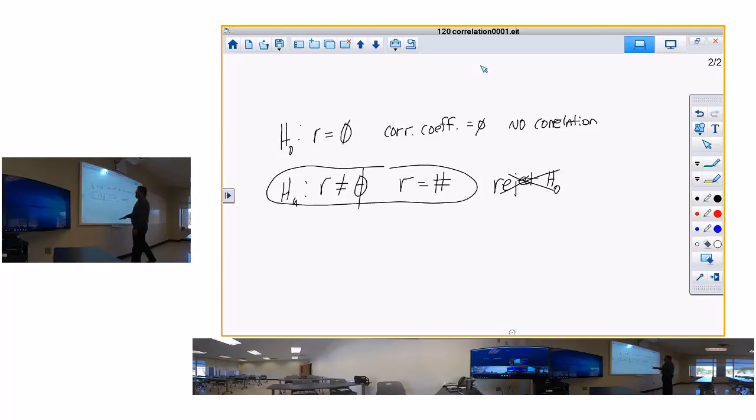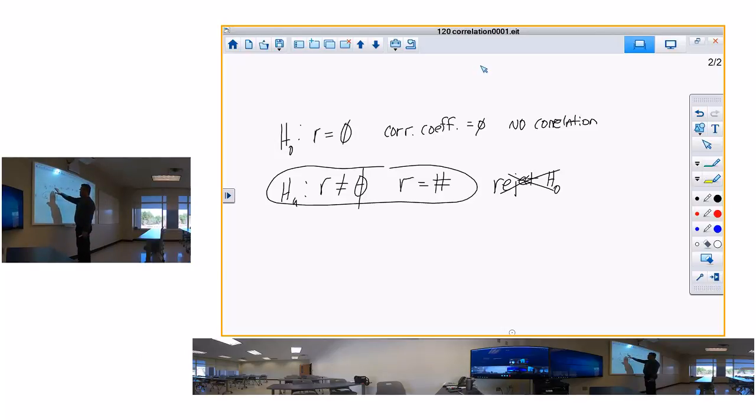You write down the null hypothesis, which is usually given in the problem, and then if R is equal to 0 is in the problem, or it says there is no correlation coefficient, then the alternative would be not equal. If it says that there is a correlation, then the alternative would be equal. So it's just one or the other.